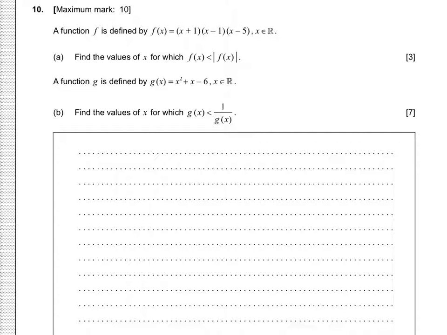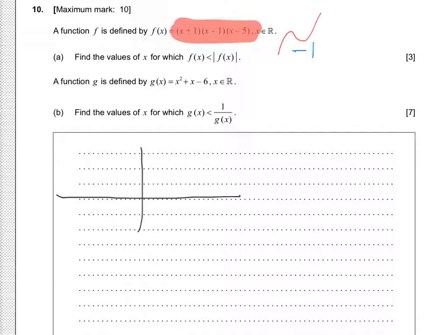So this is the calculator paper, but actually you don't need a calculator to solve this question, because you should be able to tell from here that this function is a cubic function with a positive valued x cubed, which means it's this shape, and it has roots at -1, 1, and 5.